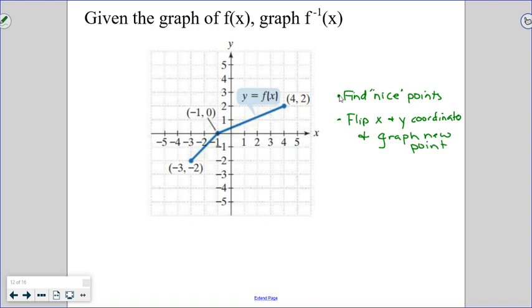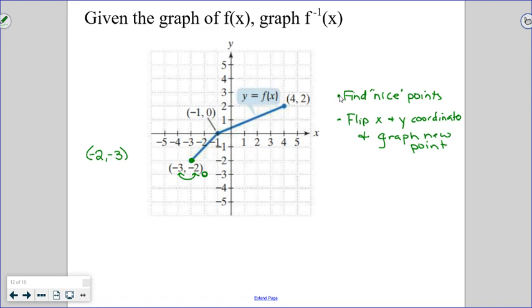Okay? So they have three nice points identified for us in this picture. To graph the inverse of this picture, I would take each of these points. I would flip-flop that ordered pair. So the ordered pair -3, -2 would become the ordered pair -2, -3, and I would go put this dot in my picture. -2, -3, which would end up right there.